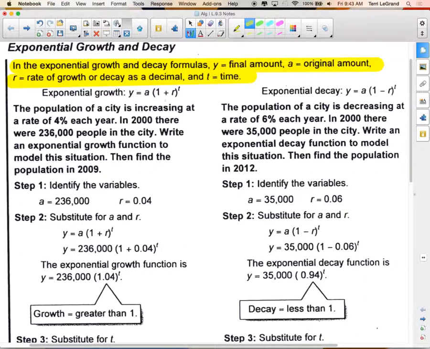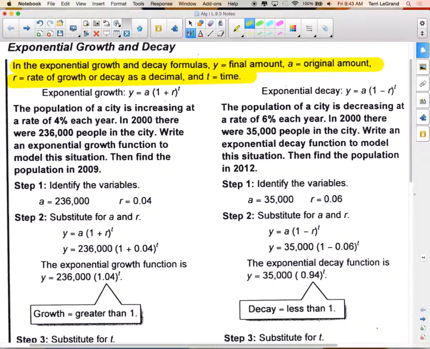So in the exponential growth and decay formulas, y is the final amount, a is the original amount. Well, that kind of looks like our model, doesn't it? Y equals a times. R is the rate of growth or decay as a decimal. So if they say, like yesterday in our problem when there was a 20% increase, they didn't show it as a 20 in the b value. They didn't show 120. They showed 1.2, its decimal name.